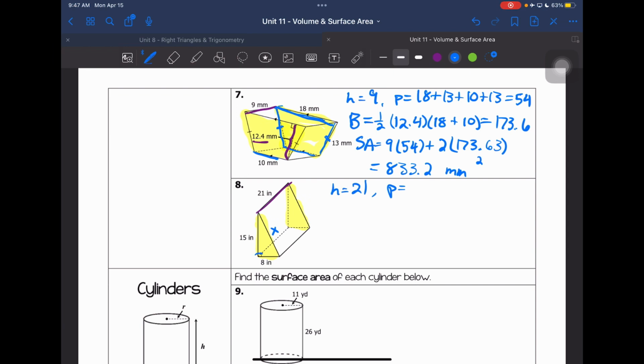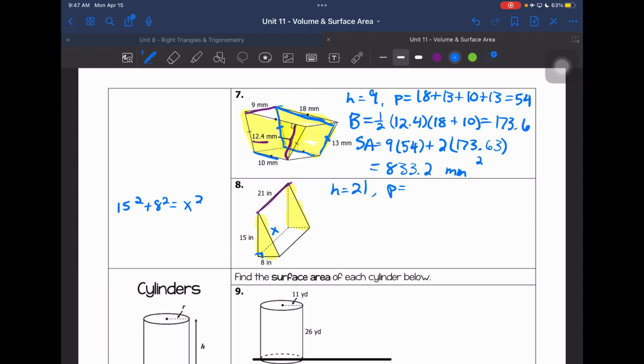So notice how this is a right triangle, which means that we can find that length using Pythagorean theorem because we have two sides, and that side would be like our hypotenuse of the right triangle. So I'm going to say 15 squared plus 8 squared is equal to x squared.